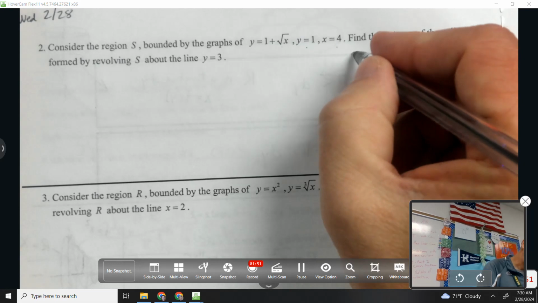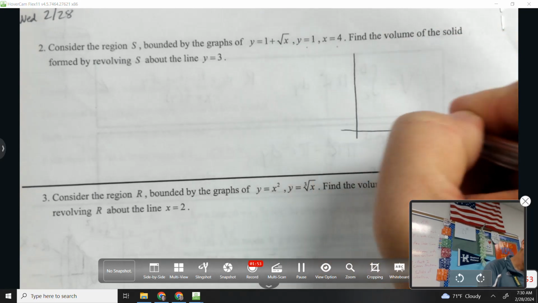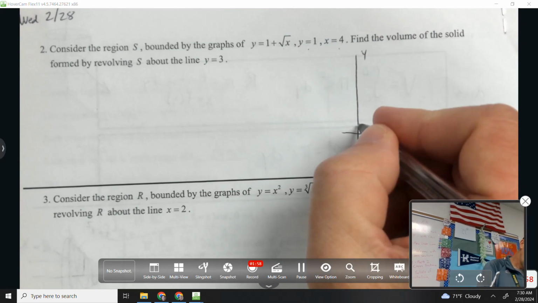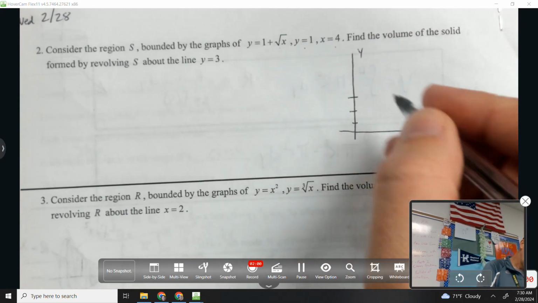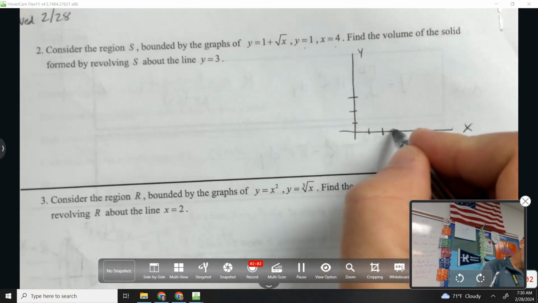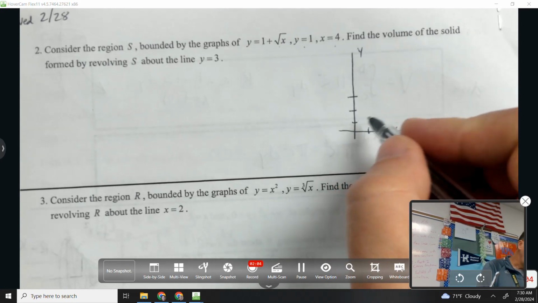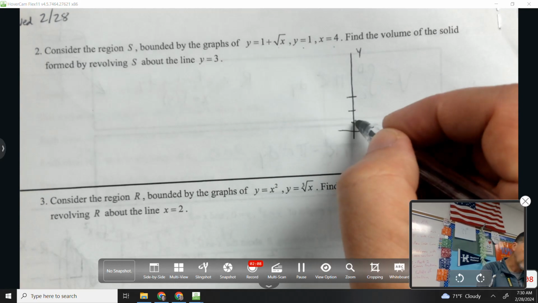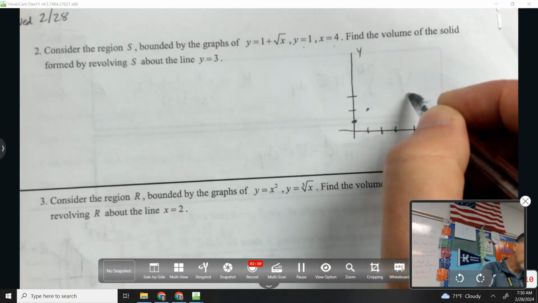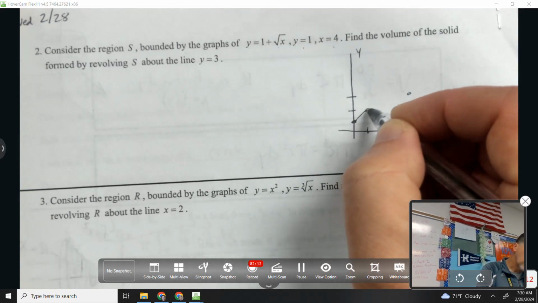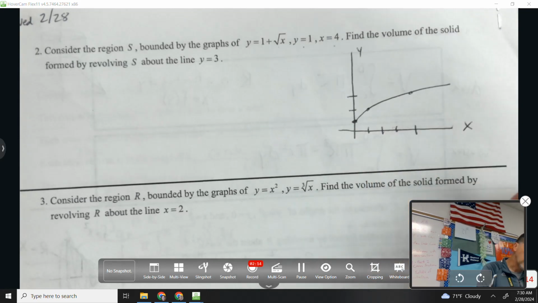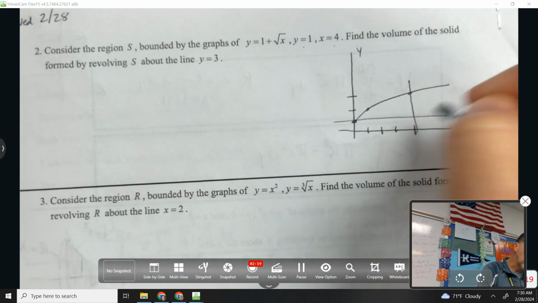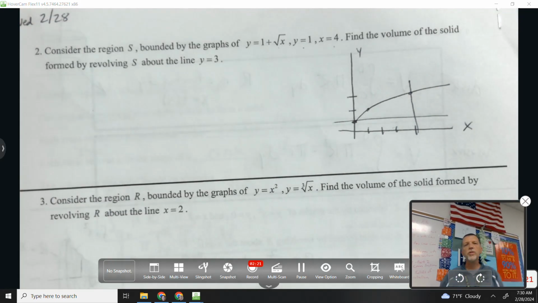So I'm going to sketch what I know here. X, y. The square root of x plus 1, or 1 plus square root of x, starts at (0, 1) and goes through (4, 2). I know what a square root looks like. There's y equals 1, and there's x equals 4.